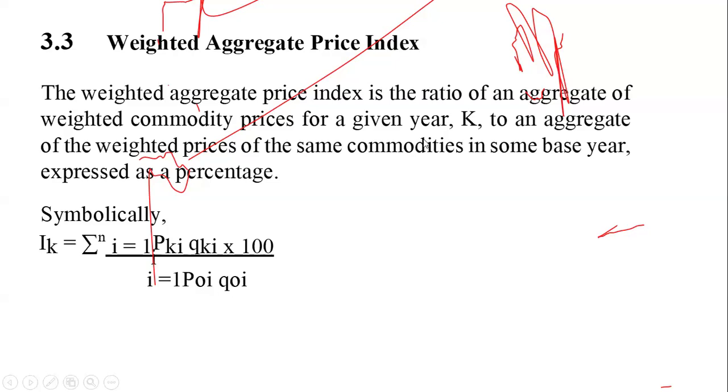So the K we have said is the weighted commodity price for a given year, say K. So you take that and divide it by the base weighted commodity price. So that is what we do. So it's P_Ki times Q_Ki over P_0i times Q_0i, times 100. So that's the formula. You can write it out nicely.